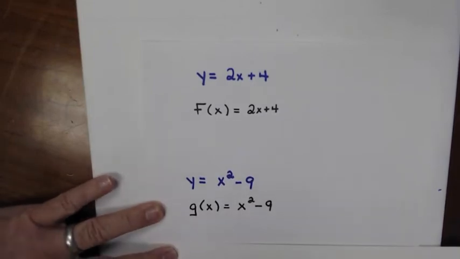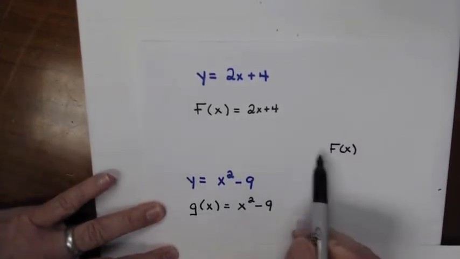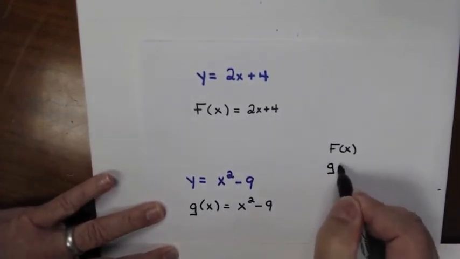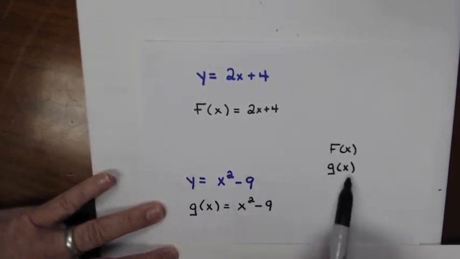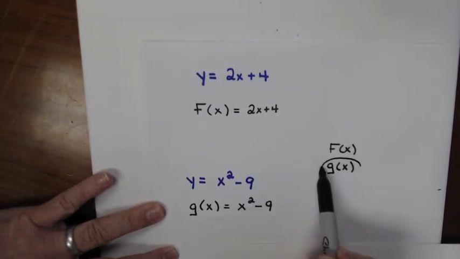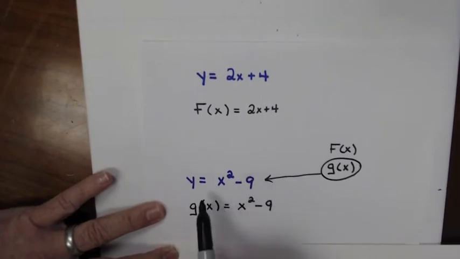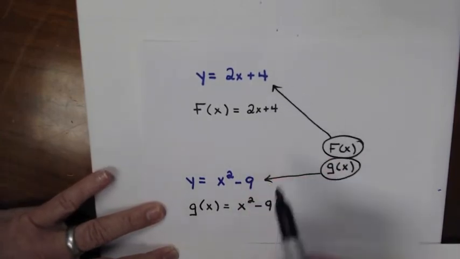That way, later on, if it says f of x, that means I'm going to be using this equation. If it says g of x, that means I'm going to be using this equation down here. It's a short way of writing that entire equation, or telling somebody that they need to use this one. F of x is this equation right here.